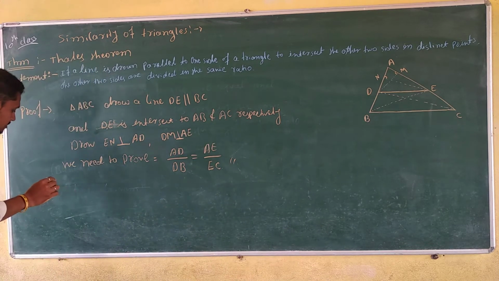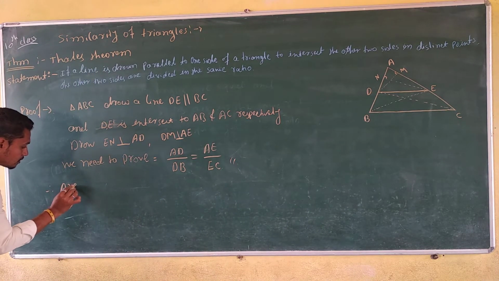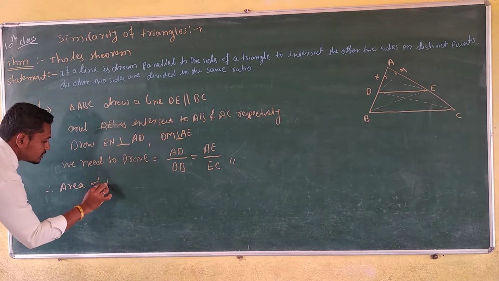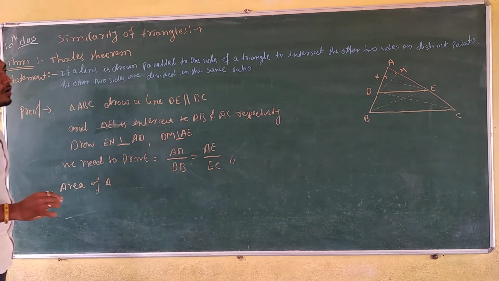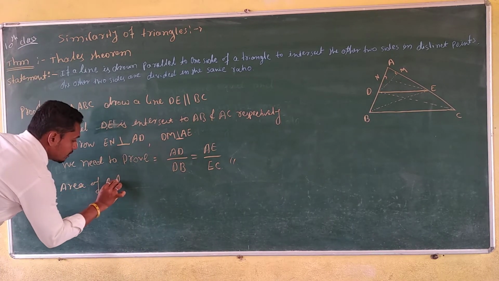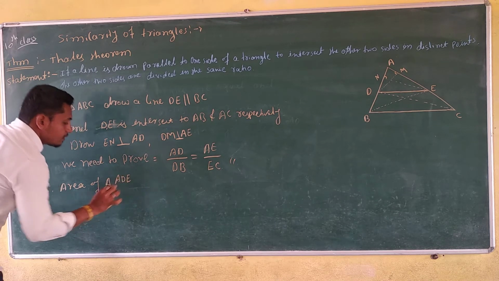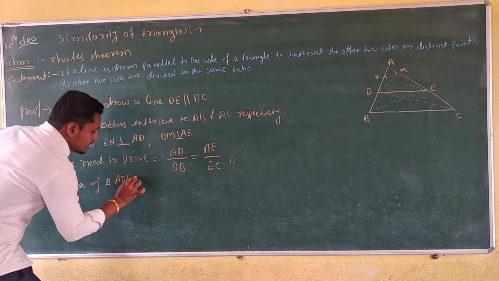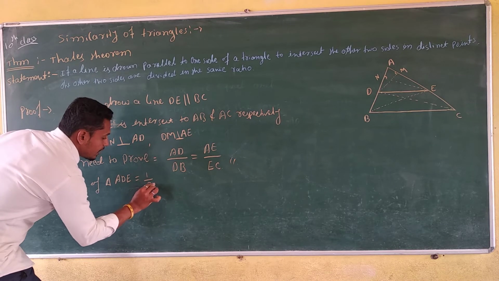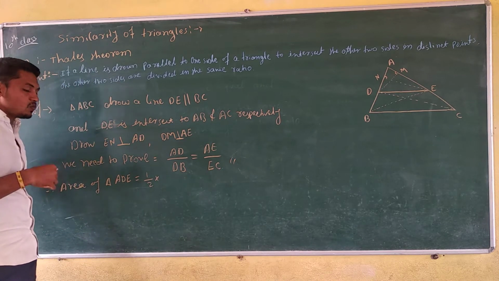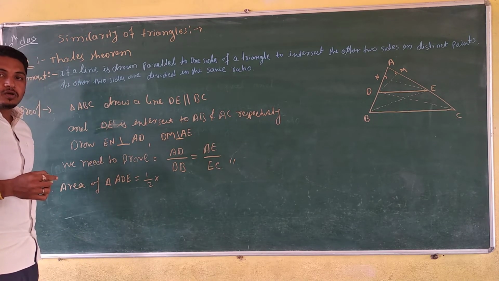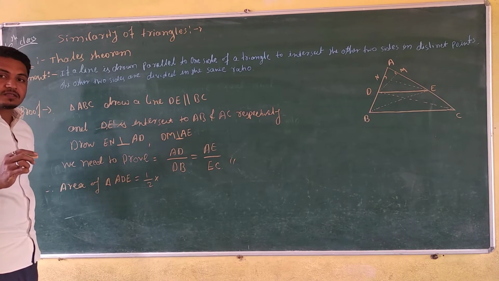Next here. Area of triangle ADE is equal to 1 divided by 2 into, what is the formula for area of triangle? You already studied this in your 9th standard class.